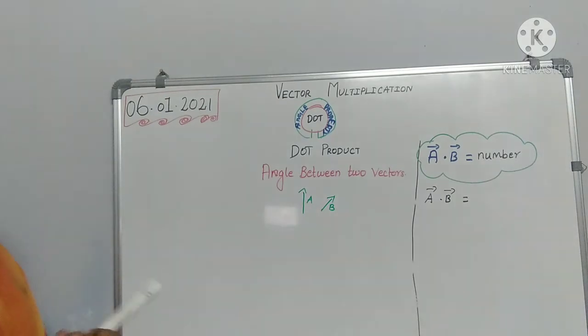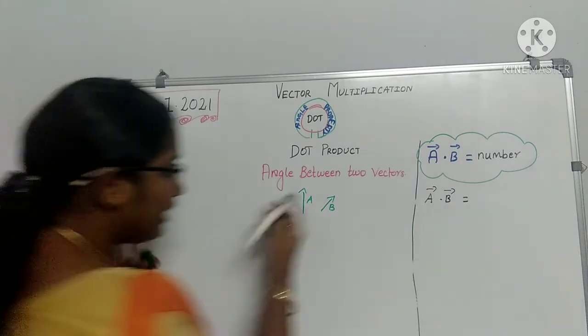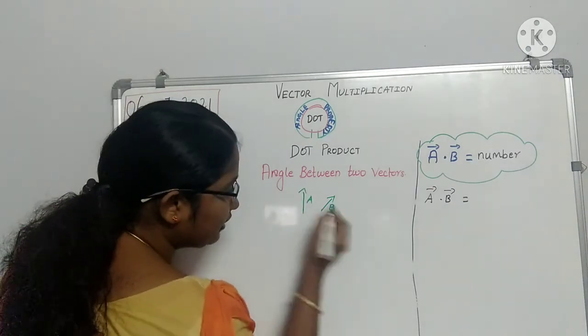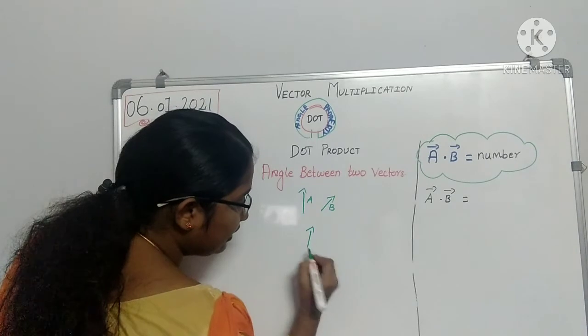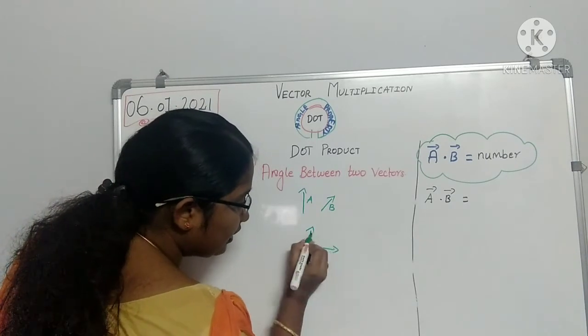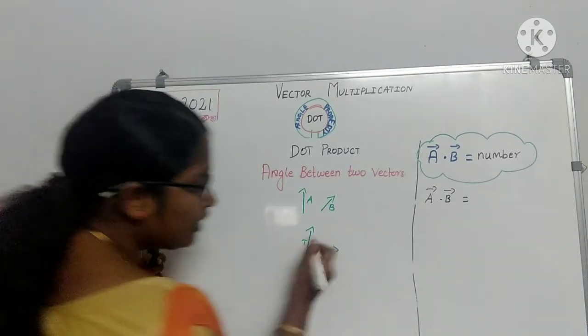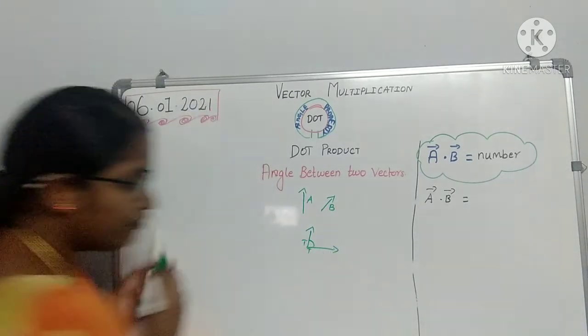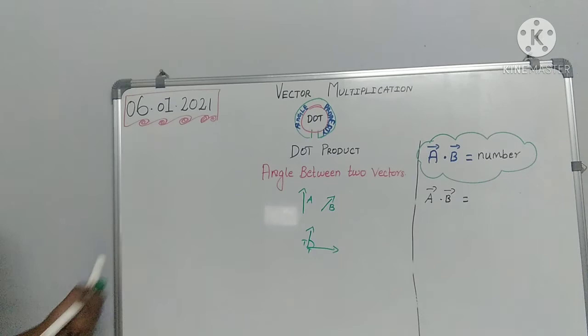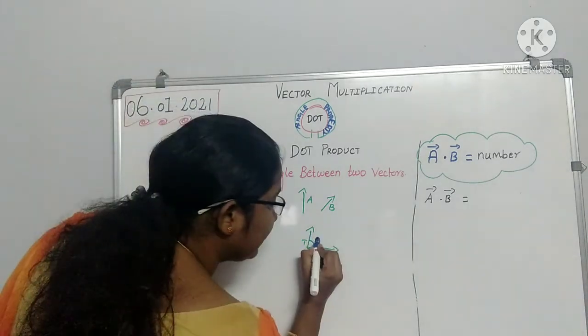Already we know the basics of vector, that the head and the tail should be used for joining the vectors, right? So this will give you the angle theta.